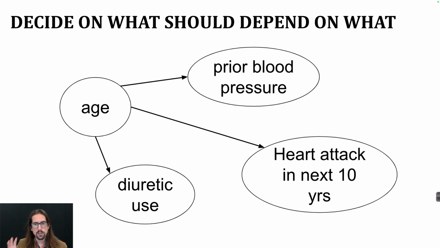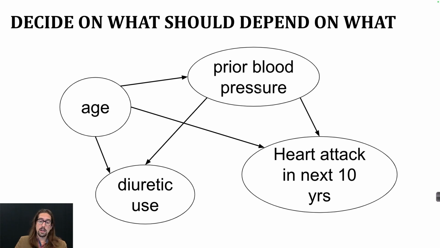So the first step is to decide what should depend on what. If I'm God, I might first decide what somebody's age is, and then based on their age, I decide what their blood pressure is, and whether they're using diuretics, which could also go into how I decide whether they have a heart attack in the next 10 years. So let me put in these arrows here.